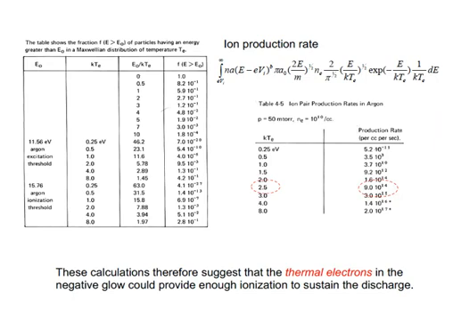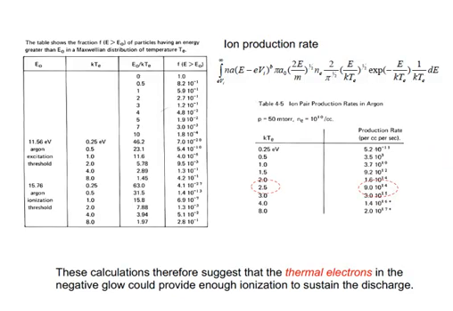Okay, so in such a plasma condition, if the average electron energy is 2.5 electron volt, the production rate of electron and ion pairs is 9 times 10 to 14 per cubic centimeter per second. And if the average electron energy is 3 electron volt, the ion and electron pair production rate is 3 times 10 to 15 per cubic centimeter per second.